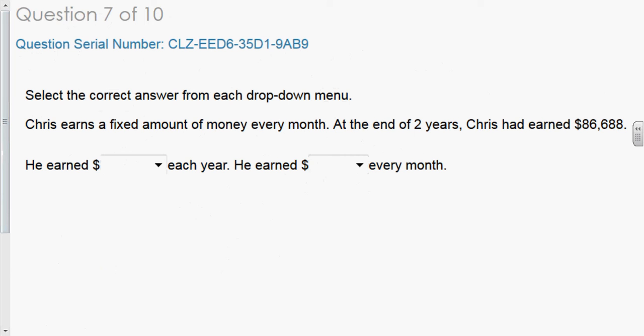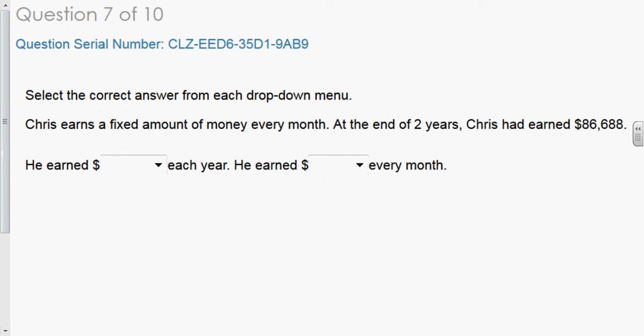Chris earns a fixed amount of money every month. At the end of 2 years, Chris had earned $86,688. He earns how much in 1 year?